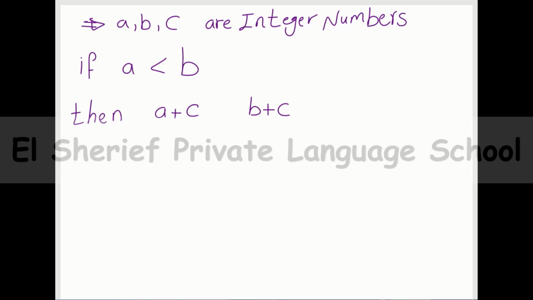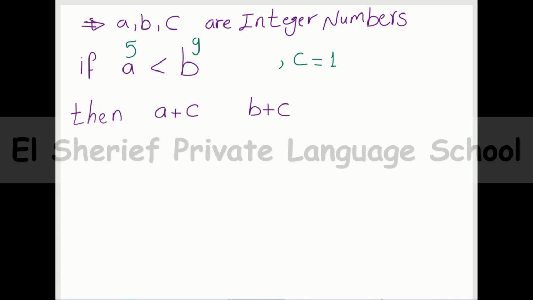If I don't know what to do, I'll take an example for A less than B. Let A be 5 and B be 9, and let C equal 1. After that substitute these numbers.